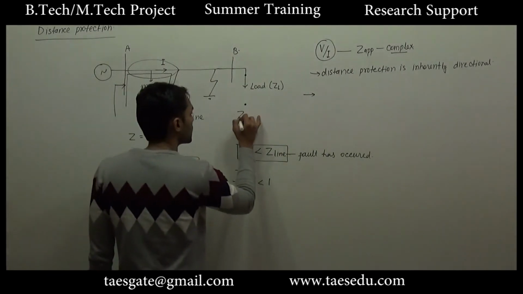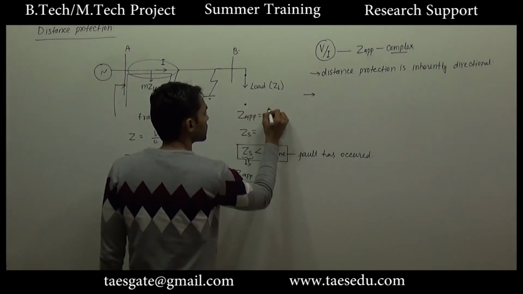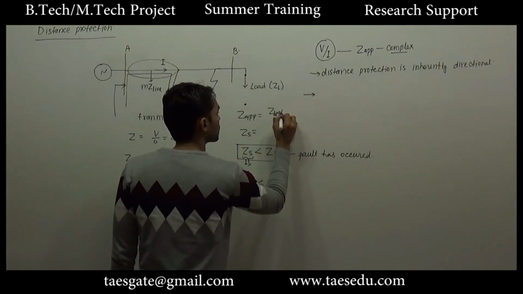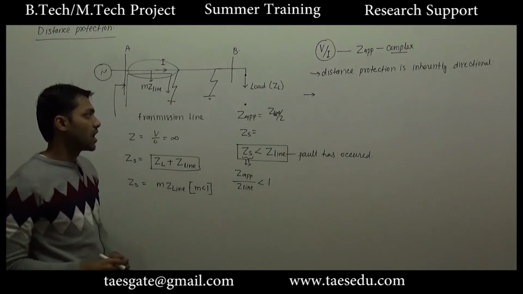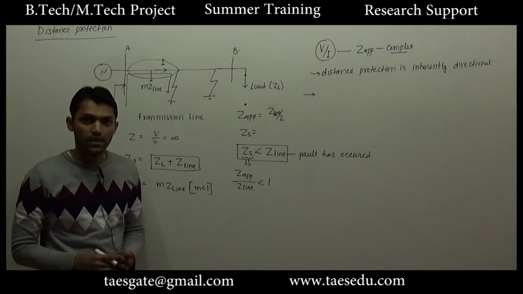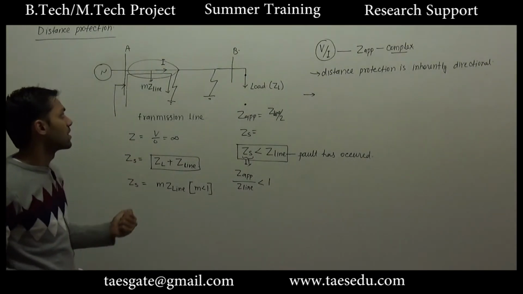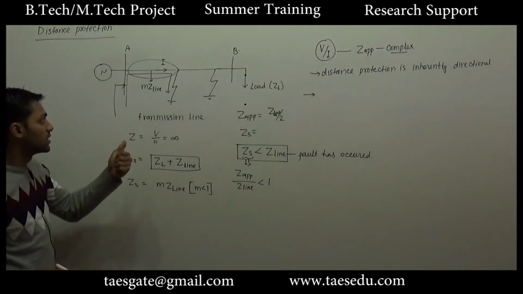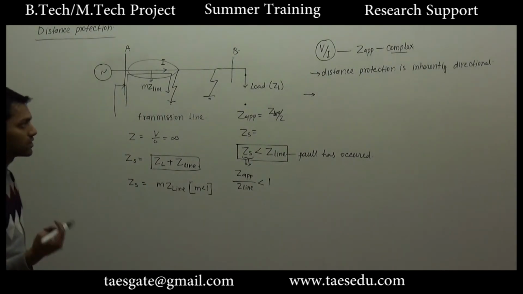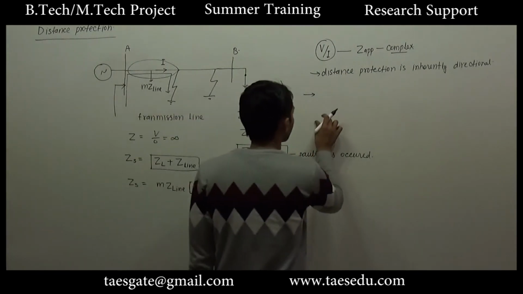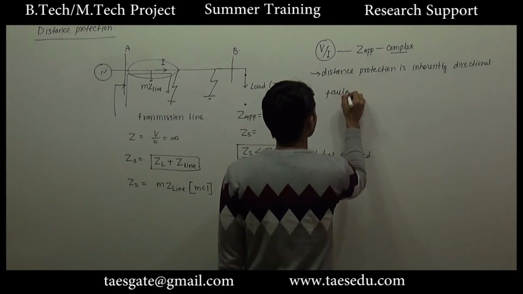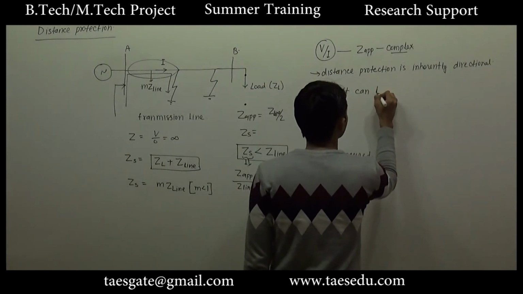The apparent impedance will be half of the transmission line impedance, or conversely we can say that if the apparent impedance is half of the total line impedance, it indicates that the fault has occurred in the middle of the line. So with this protection, the position of the fault can be located.